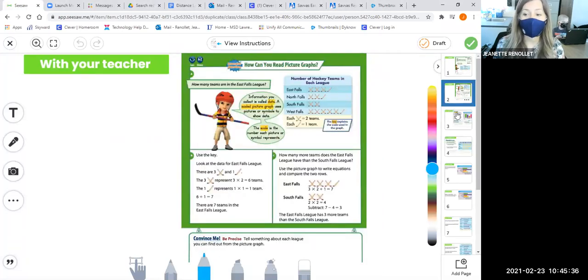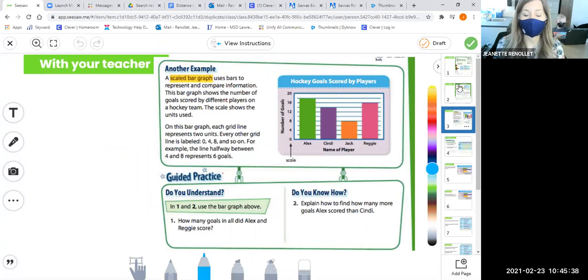Click on slide number 3, please. On slide number 3, we have another example. This is called a bar graph.